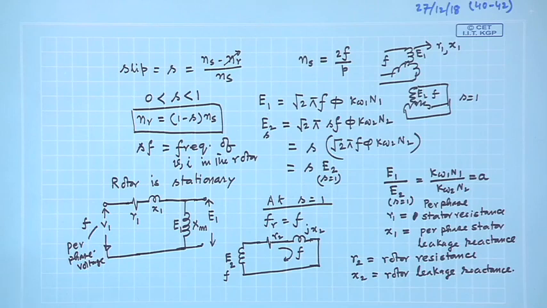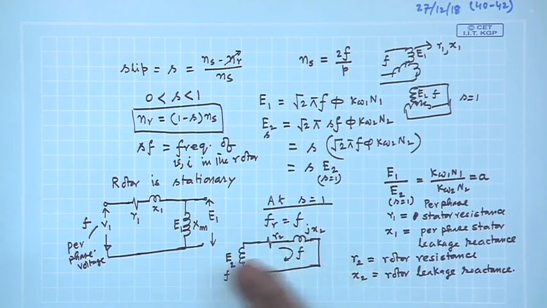But when the motor is running, the frequency of the rotor electrical quantities will be S into f. Resistance will not change because of that change in frequency, however the reactance value has to be modified.